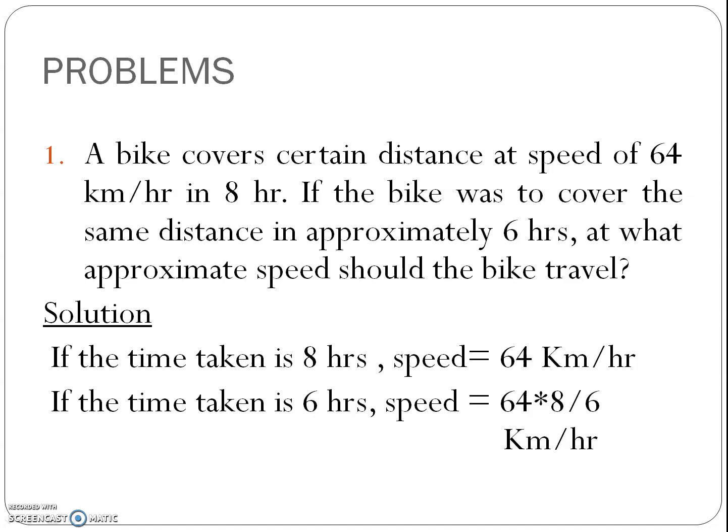We know when the time is decreased, from 8 to 6, the speed will be higher so that the equal distance can be covered. Therefore, the required speed must be equal to 64 into 8 by 6 kilometers per hour.